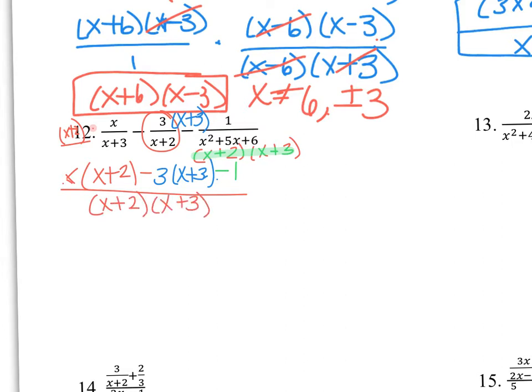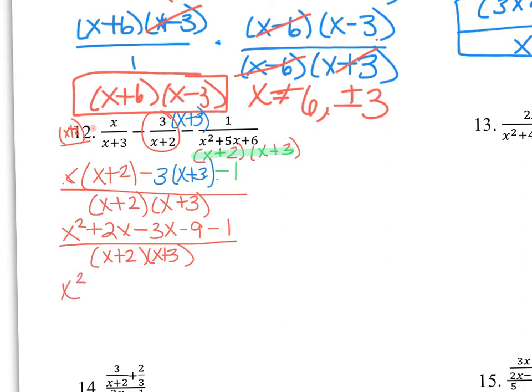So if I clean up the numerator, it's going to be x squared plus 2x minus 3x minus 9 minus 1 all over x plus 2 and x plus 3. So now I'm left with x squared minus x minus 10 all over x plus 2, x plus 3.